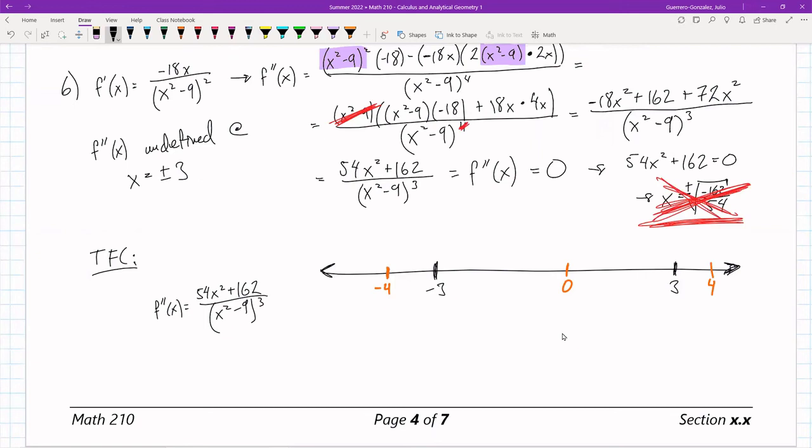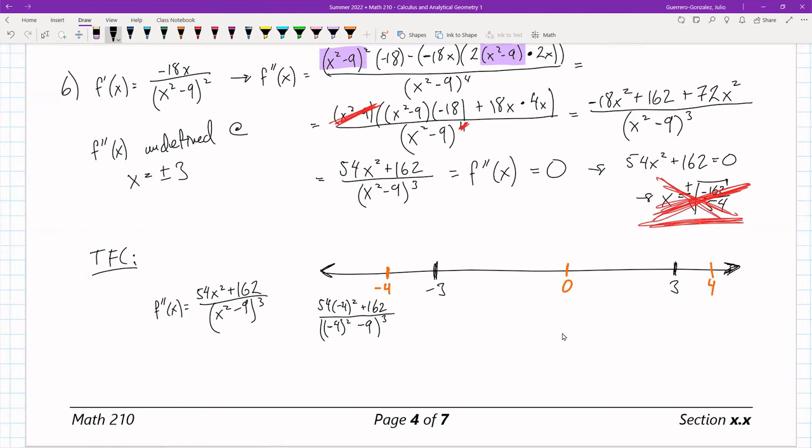So, 54 times negative 4 squared plus 162 all over negative 4 squared minus 9 cubed. Negative 4 squared, that's going to turn it positive, times a positive, that's still positive, plus a positive, that's still positive. Okay.